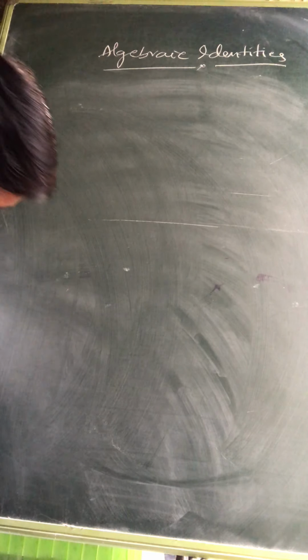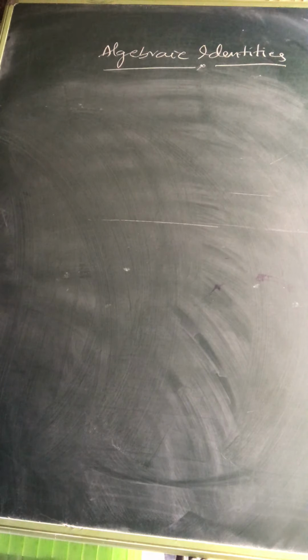Yes. Now we are going to factorize, or we are going to find the product. When the product is given, we are able to factorize. When the factors are given, we have to find the product by using these identities. So here, exercise 2.5 is asking us to use suitable identities to find the following products.